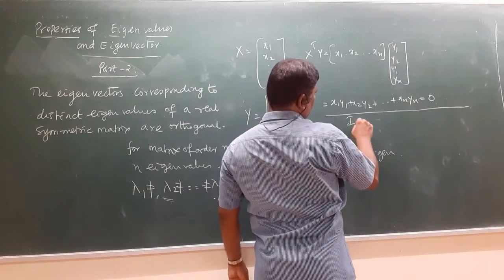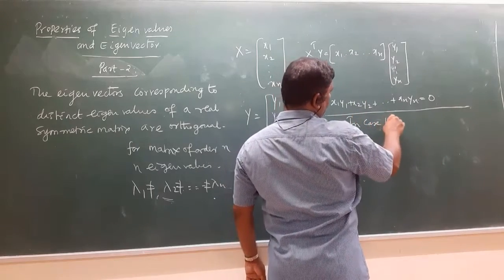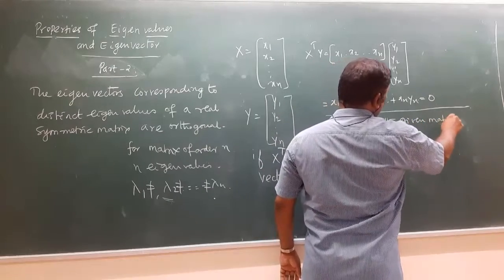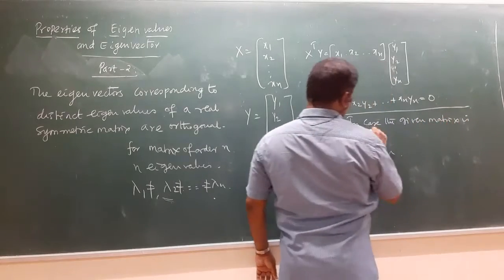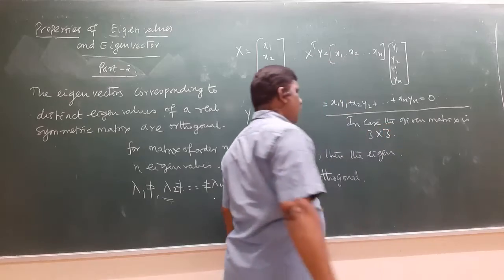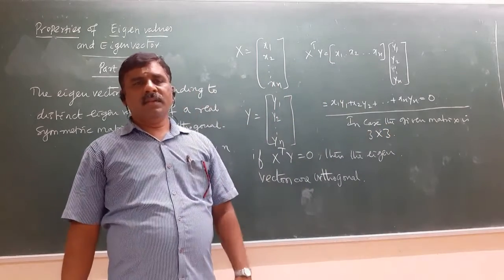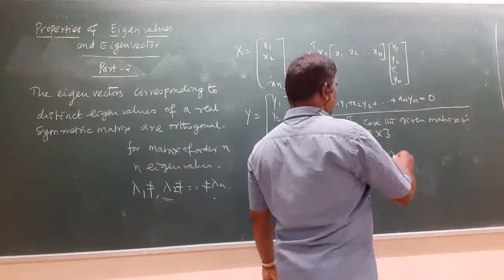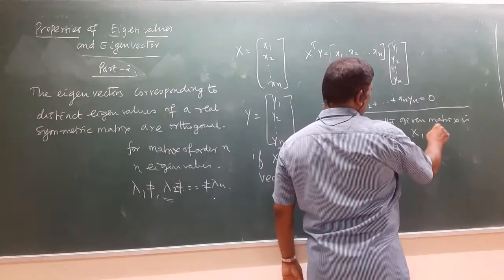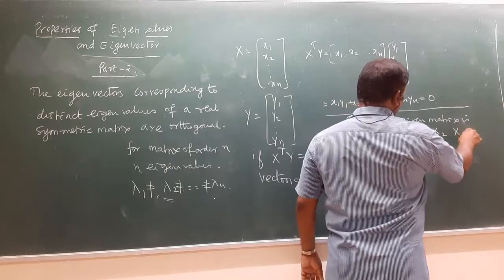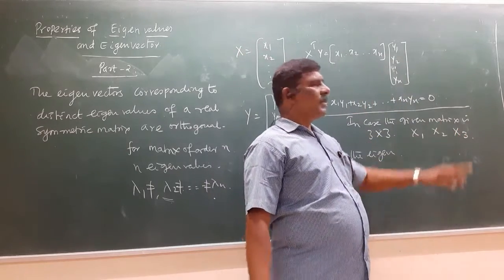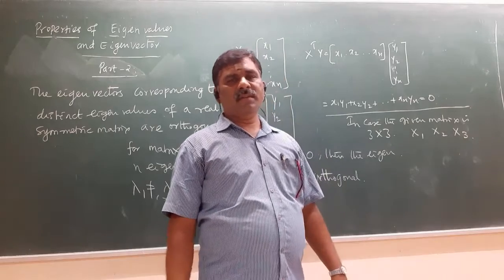In case the given matrix is a 3 by 3 square matrix, the eigenvectors are x1, x2, x3, and this matrix is a symmetric matrix.